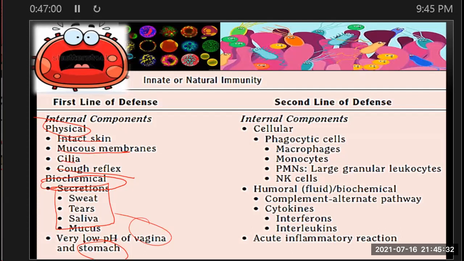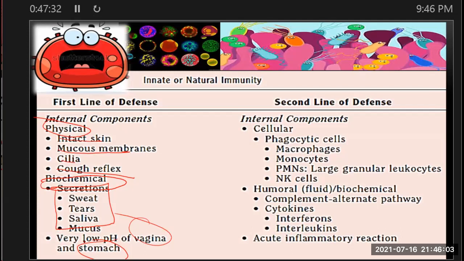Take, for example, the lactic acid in sweat and the fatty acids from the sebaceous glands, which maintain the skin at a pH of 5.6. This acidic pH keeps most microorganisms from growing. The flushing action of urine, plus its slight acidity, helps to remove many potential pathogens from the genitourinary tract.